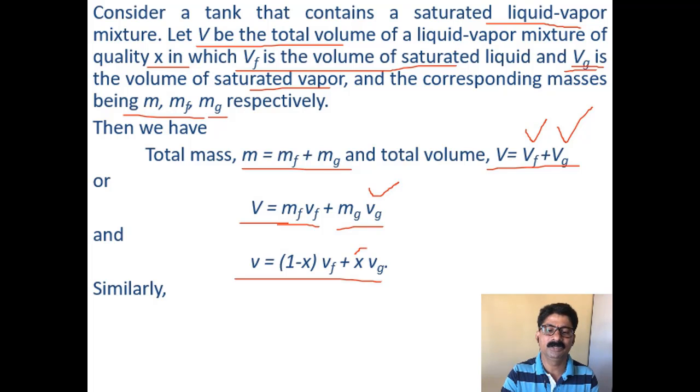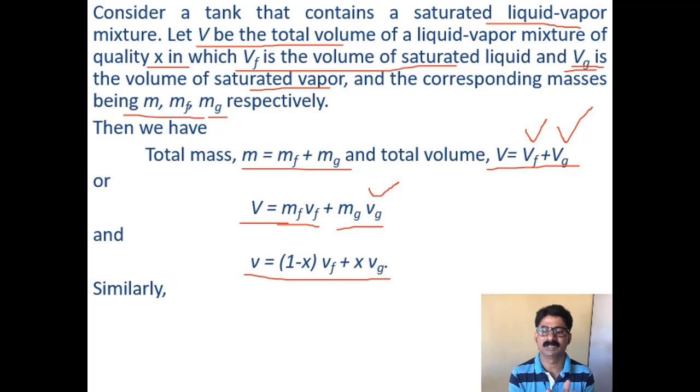So vg, this is a specific volume of saturated vapor or dry steam, is occupying only 80% of the mixture. So the remaining 1 minus 0.8, that is 0.2 or 20%, is occupied by liquid. So you have to multiply 1 minus X with the vf plus X into vg to get the total specific volume of a saturated mixture. Try to understand this.